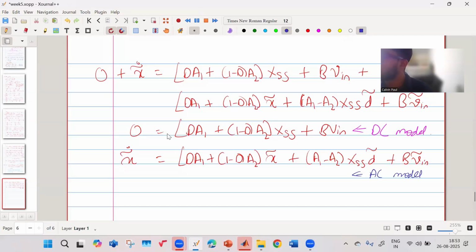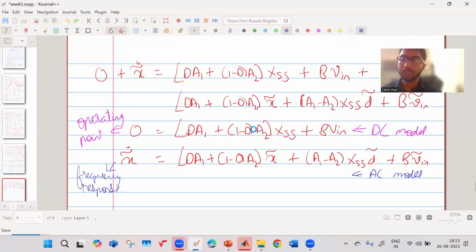So what is the difference between the two models? The DC model will give you your operating point, and your AC model will give you the frequency response or the behavior of the system for different frequencies. Okay.